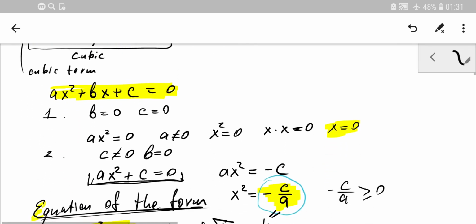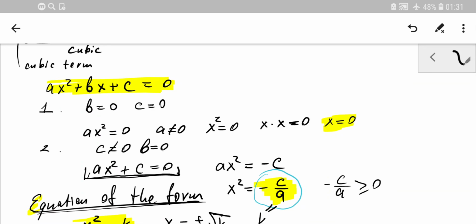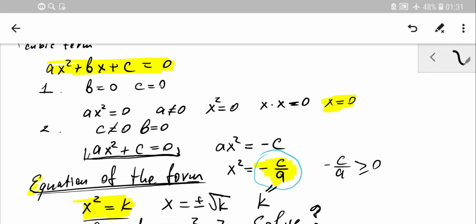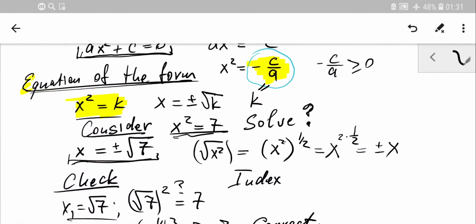I also provided several steps on how to approach an equation in the form x squared equals k, and we explored the ways to solve it.